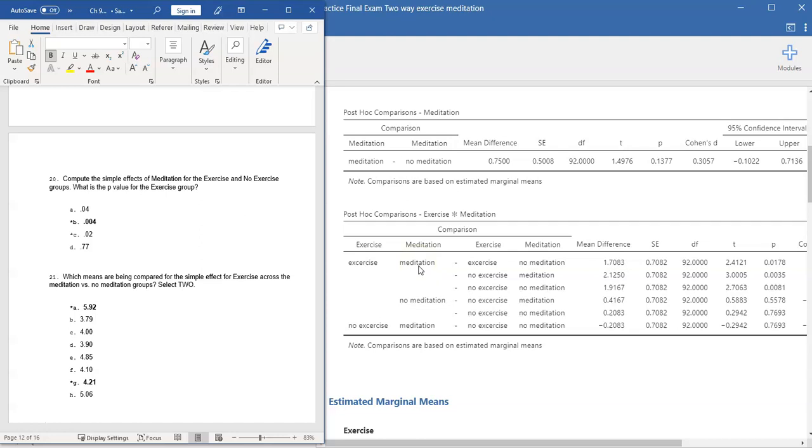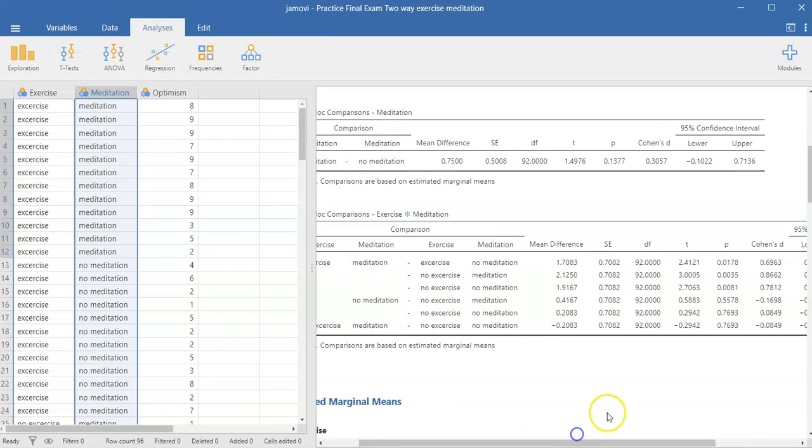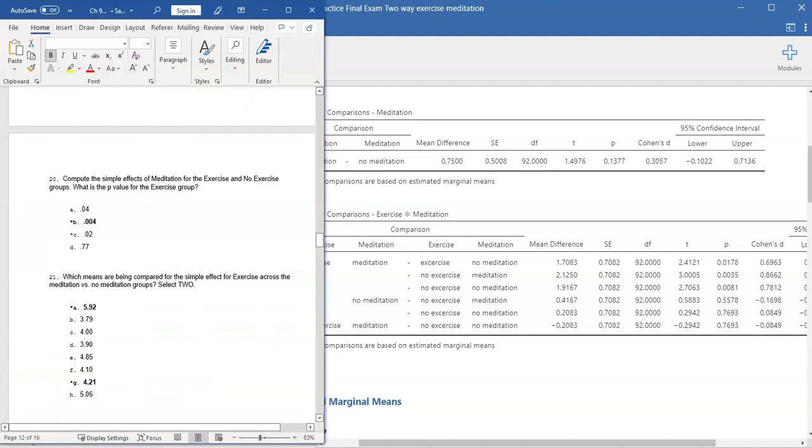Here's this group, meditation, exercise, and we want to also do meditation, no exercise right here. And so if we go over, you can find that p-value is about 0.04 right there.